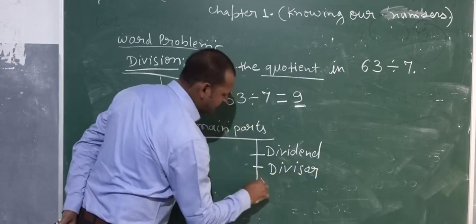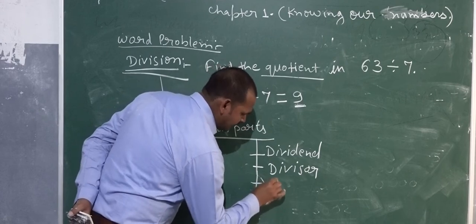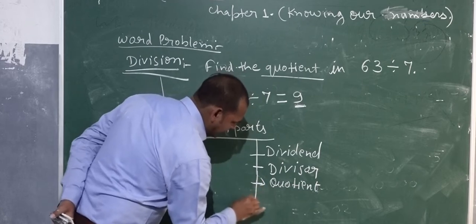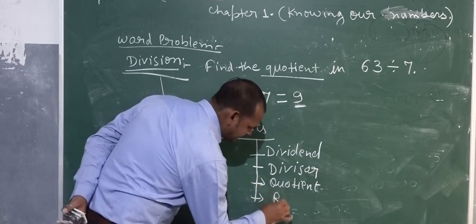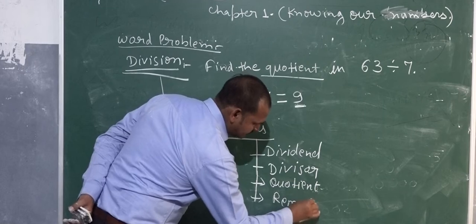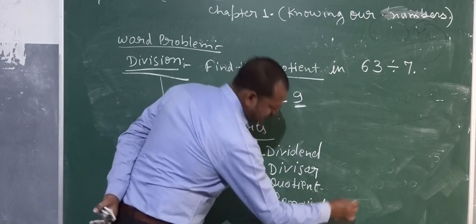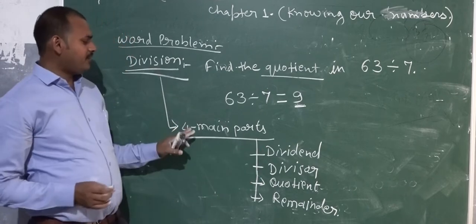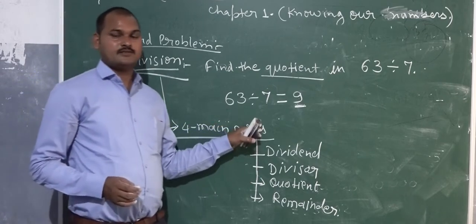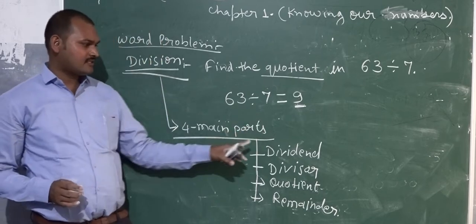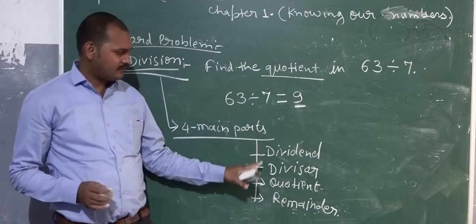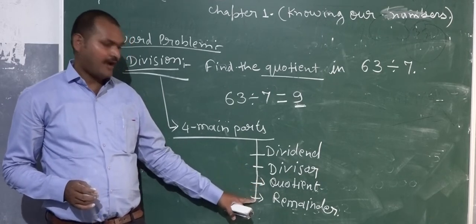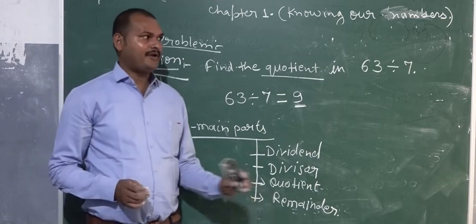The third one, quotient. And the last and fourth is remainder. Division has four main parts: the first one is dividend, second divisor, third quotient, and last and fourth is remainder.